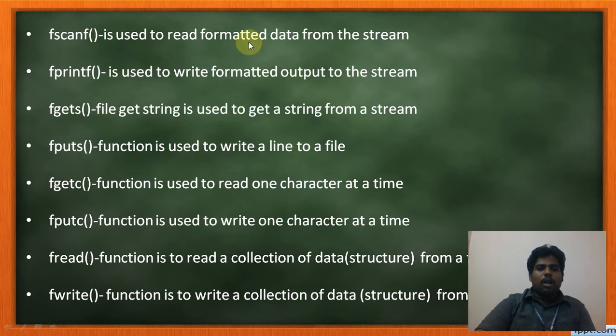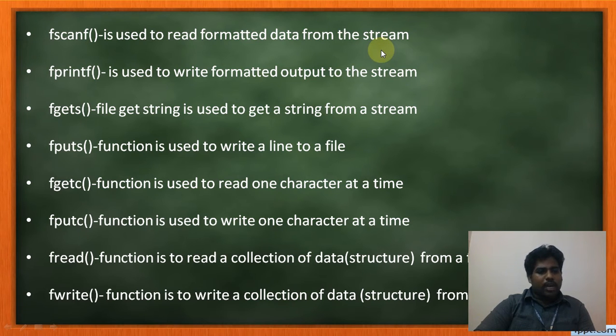All types, all formatted. You have to specify the format. All the formatted contents we can get as input from the file using fscanf. Similarly, using fprintf, you can write all the formatted data into the file. Here stream is nothing but file.